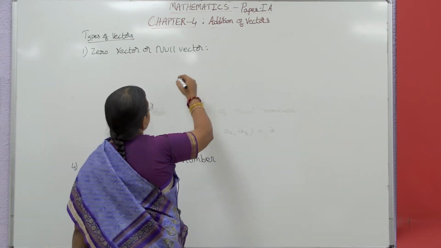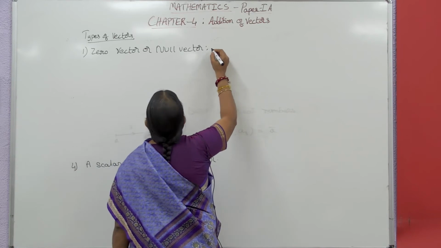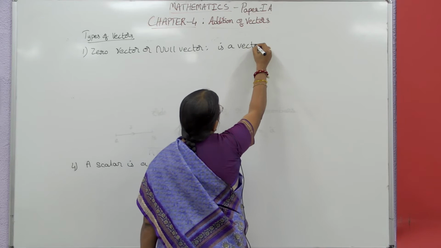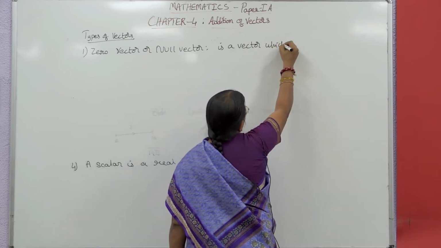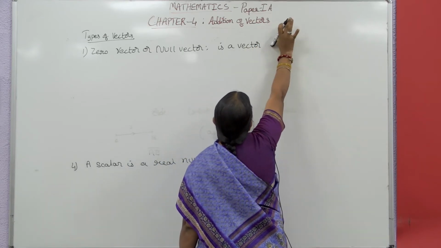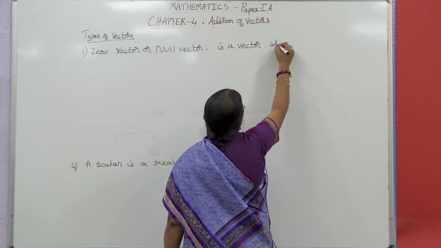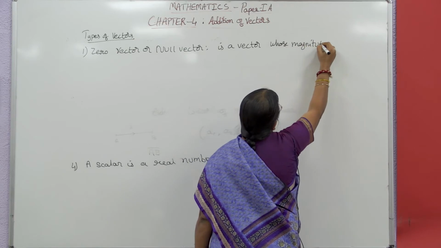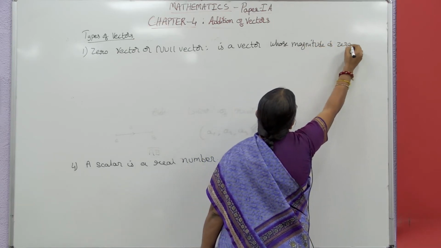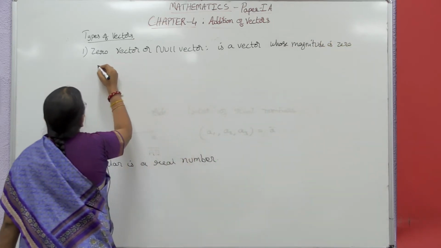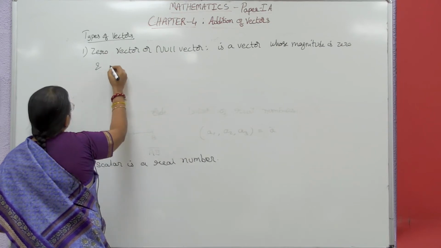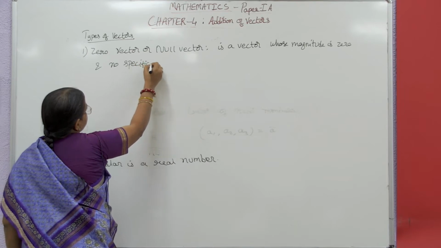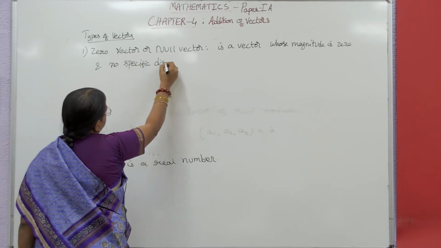Okay, so a zero vector or null vector is a vector whose magnitude is 0 and no specific direction.